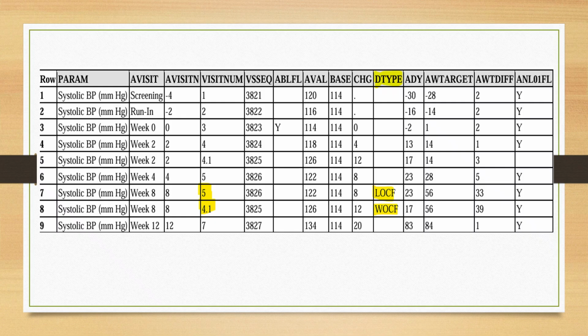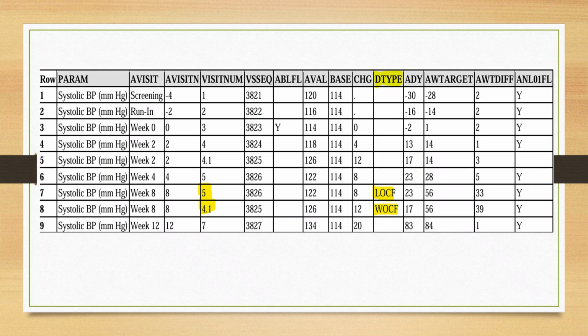And for record number 8, the DTYPE is WOCF, which is the worst observation carry forward from the visits prior to week 8. You can see for this record, the worst observation was for week 4.1. Hence, all the values, which are VSSEQ, AVAL, BASE, CHG, and all remaining variables, are populated from visit 4.1 for WOCF, and the same is the case for LOCF also.